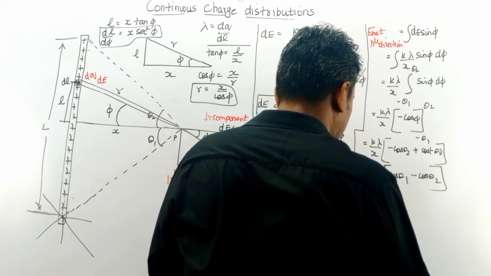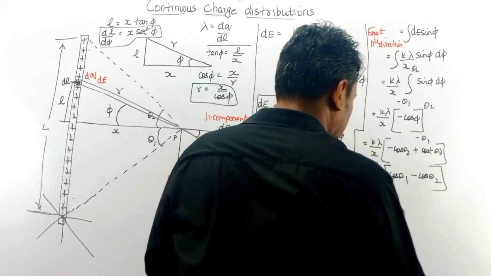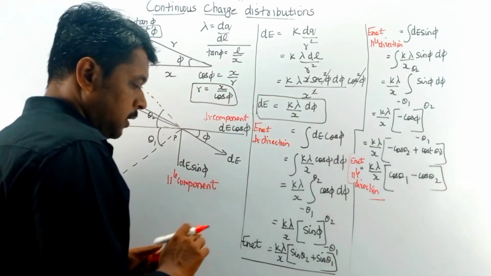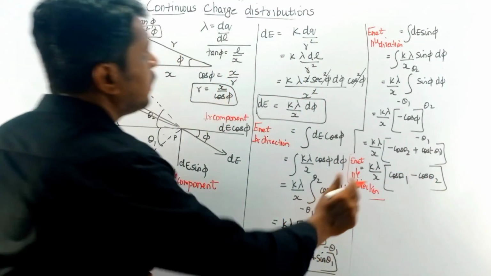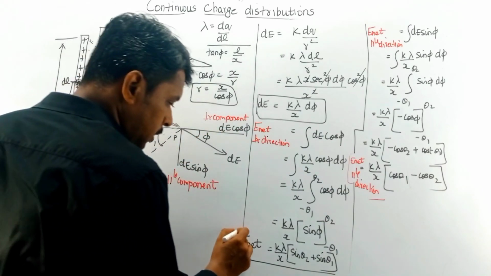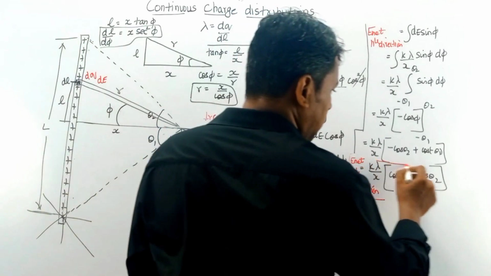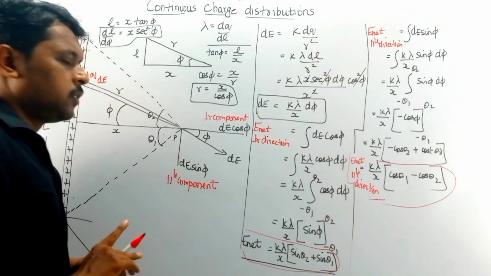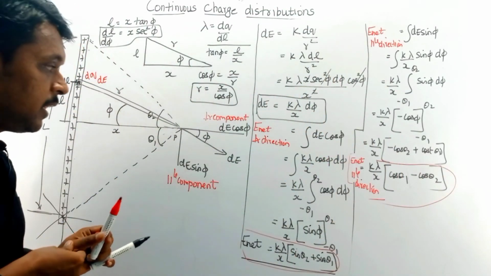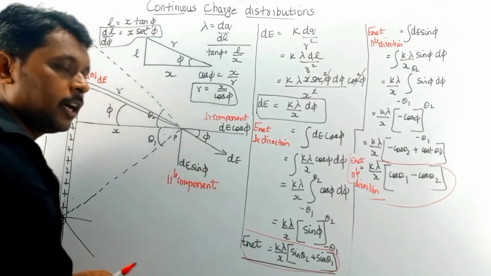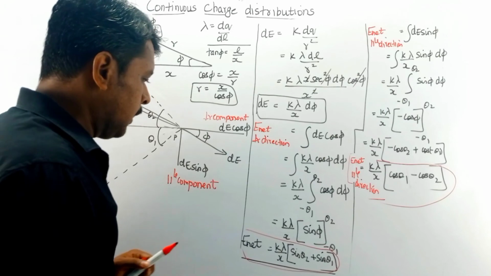This is the net electric field in your parallel direction, and this is your perpendicular electric field. This is your perpendicular and this is your parallel component. So this is the way of finding the net electric field at a particular point with respect to the arrangement.